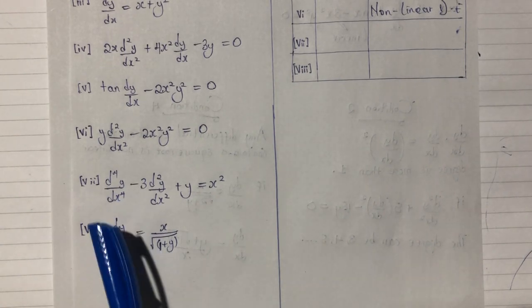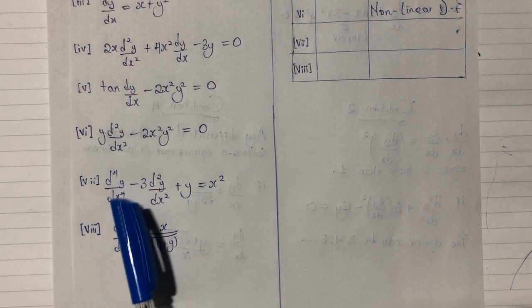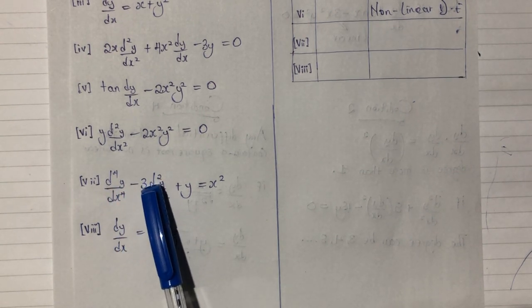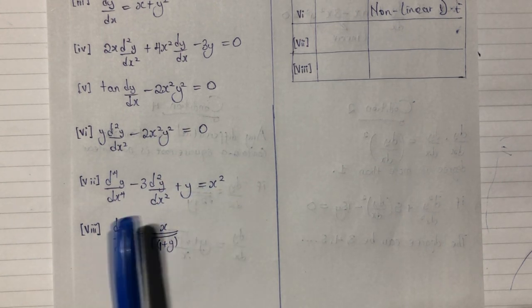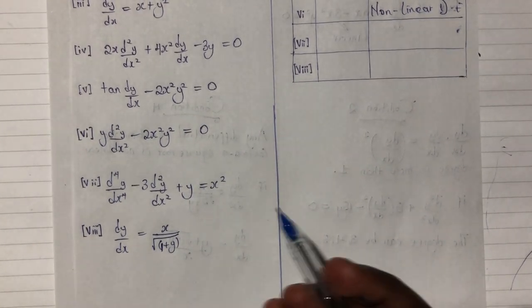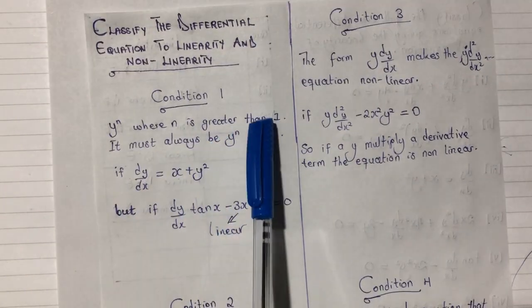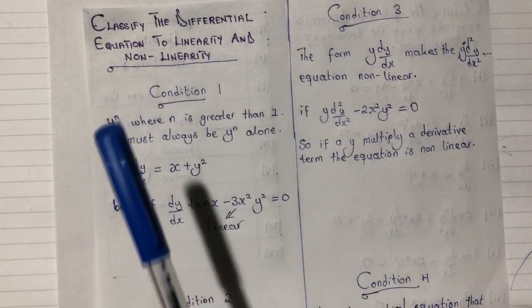So the seventh question, we have here the fourth derivative minus 3 d squared y over dx squared plus y equal to x squared. When we look at this, y is standing alone. The power of y is 1. And in our condition, we learned that the power of y must be greater than 1. So it doesn't qualify to be a nonlinear differential equation.